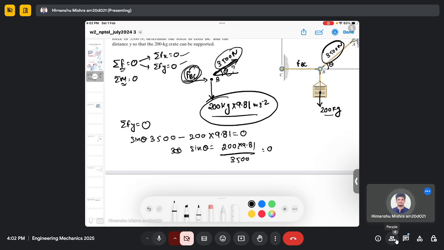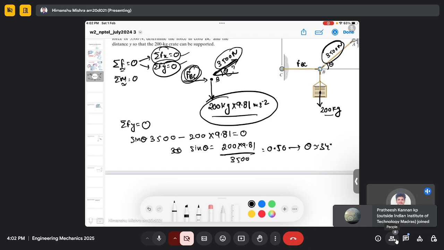So it will be around 0.56. When you calculate, your theta will be around 34 degrees. So this is our theta. From this equation you got theta.